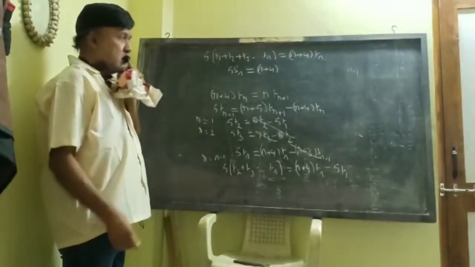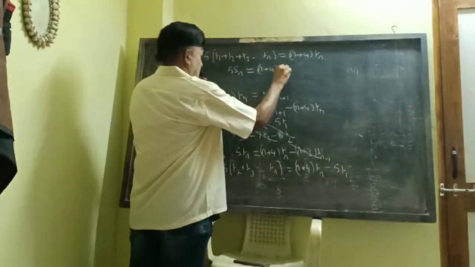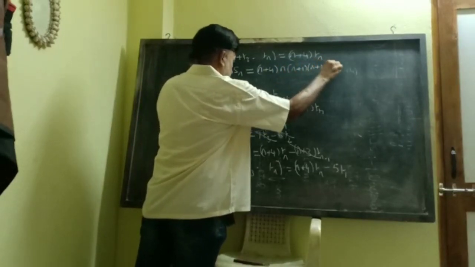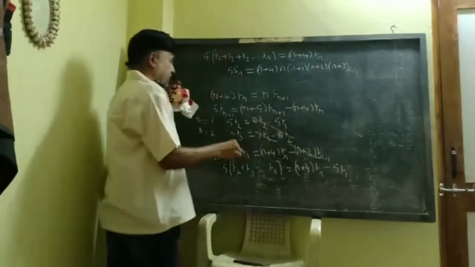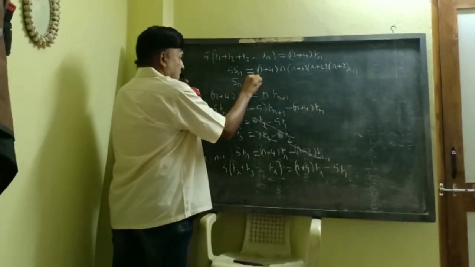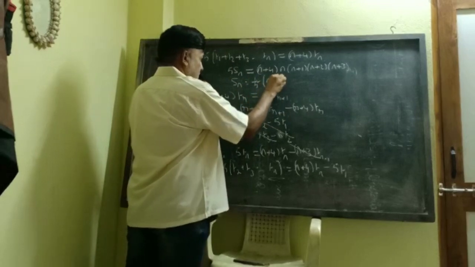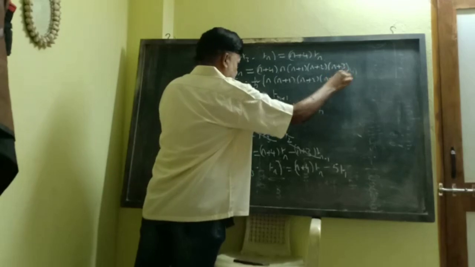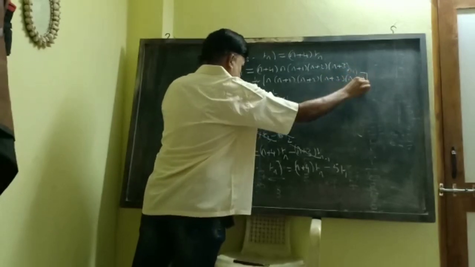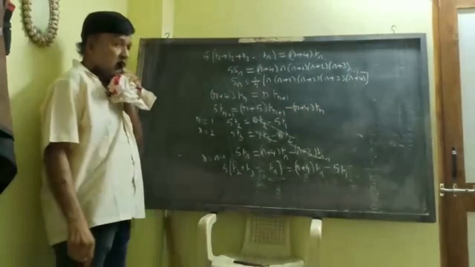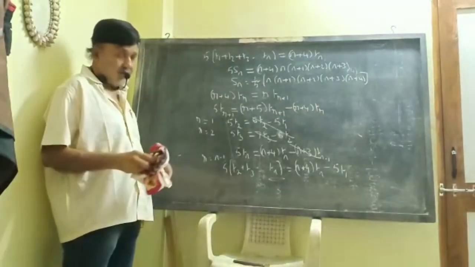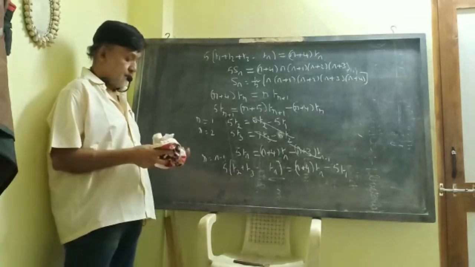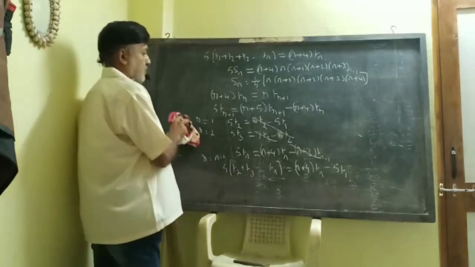Tr you know, therefore you can write Tn. Tn will be n into n plus 1 into n plus 2 into n plus 3. Hence Sn is equal to 1 by 5 into n into n plus 1, n plus 2, n plus 3 into n plus 4. So Sn can be estimated like this. Yes, right.